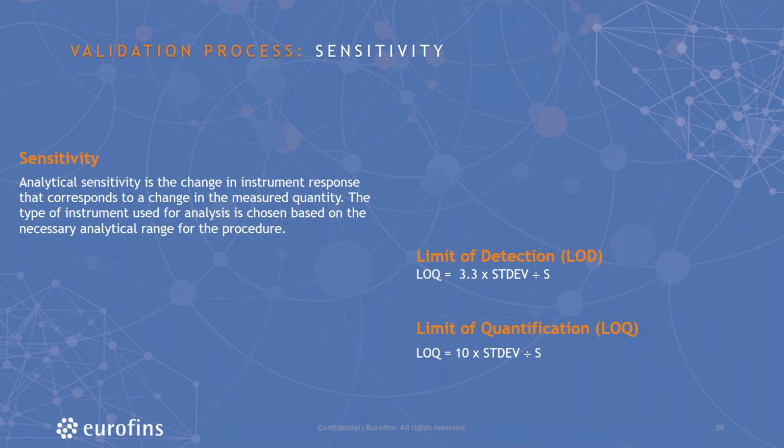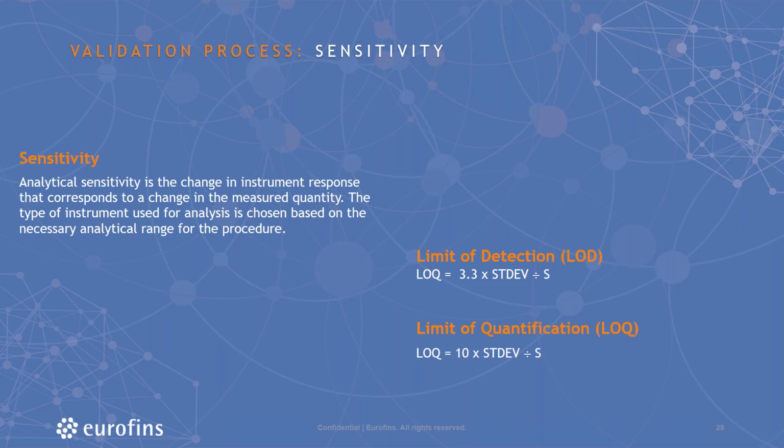Sensitivity is the change in instrument response that corresponds to a change in the measured quantity. So obviously, as you go down in concentration in your procedures, you're going to expect that response to decrease. And typically, as you go lower in concentration, the variability in the measurement increases.